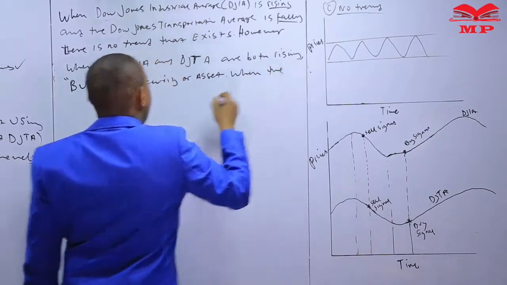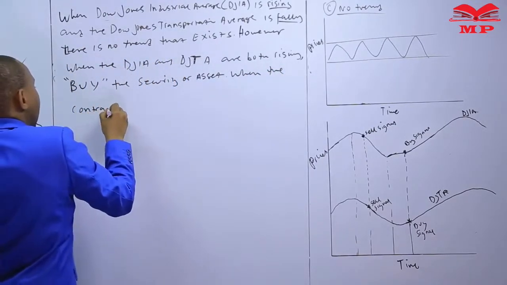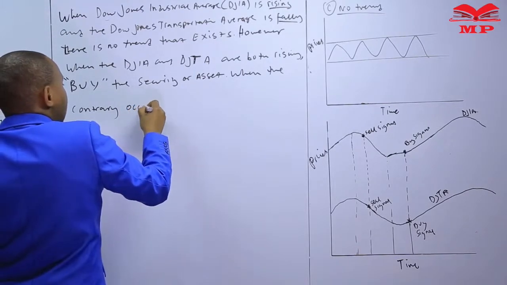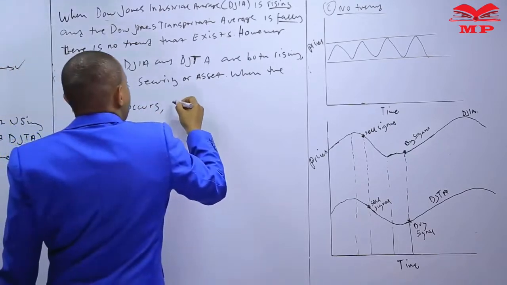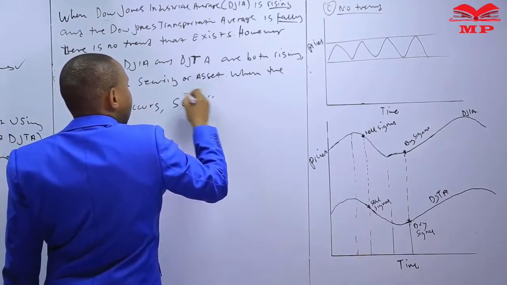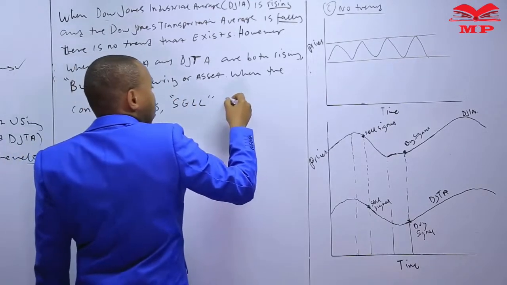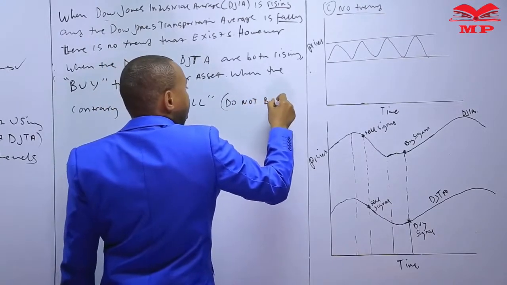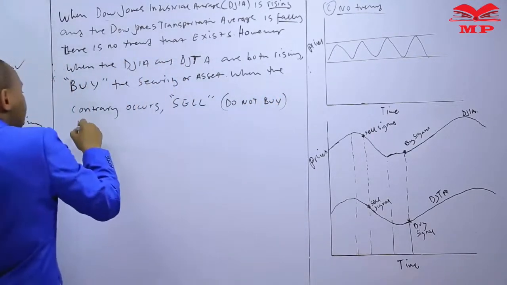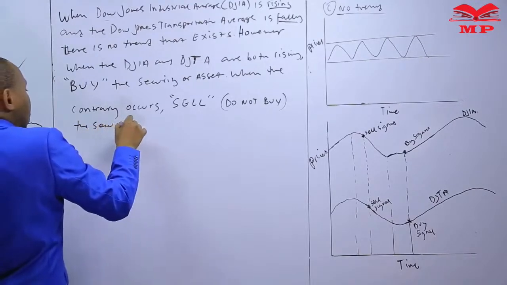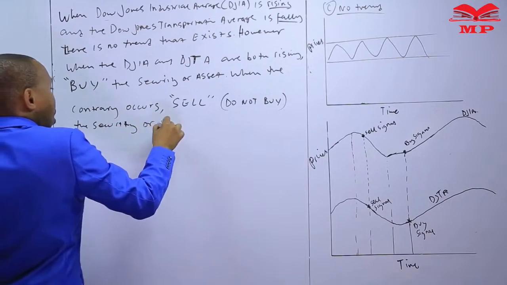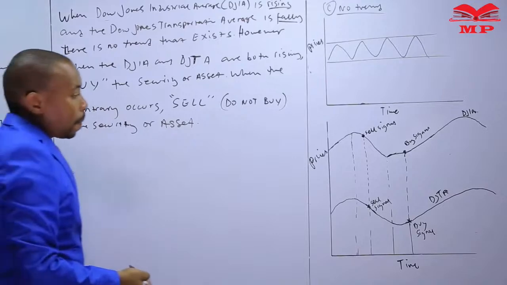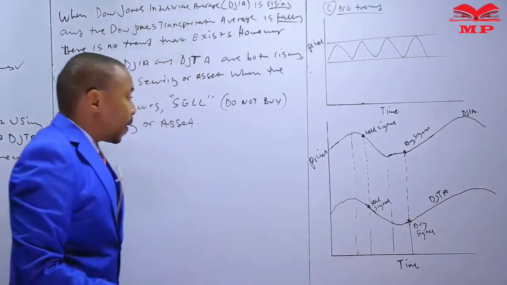When the contrary occurs, sell (or rather, do not buy) the security or asset. There. This is just a simple summary of this diagram over here, like that.